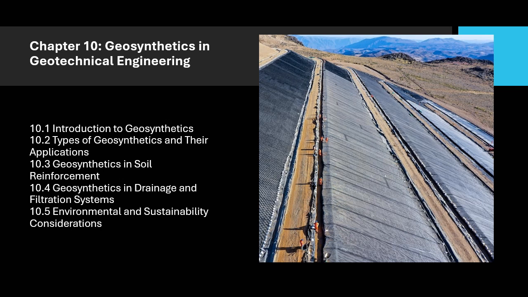Energy consumption. The energy required to produce geosynthetic materials, including the raw materials and manufacturing processes, is significant. This energy consumption can have a substantial environmental impact, particularly if the energy used is derived from non-renewable sources.